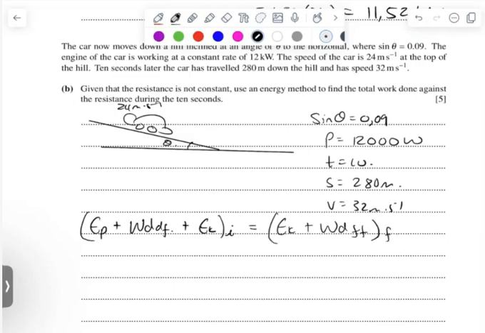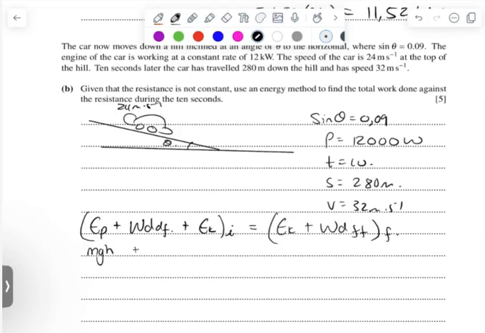So that's my initial and my final. Once you've got that set up, everything should be positive. Knowing where the energy comes from and where it goes to is the key to solving these questions. So I've got mgh, my work done against friction.